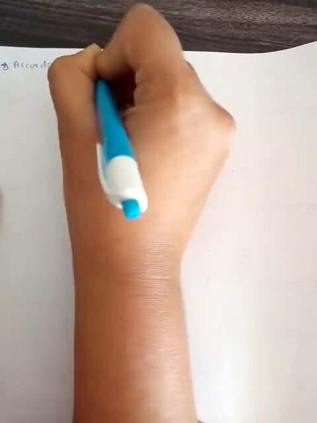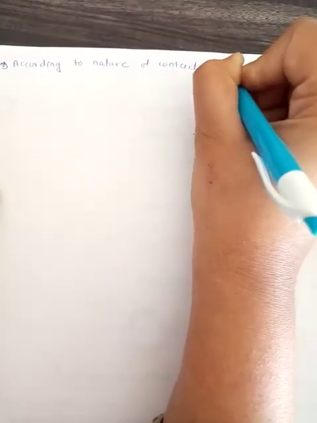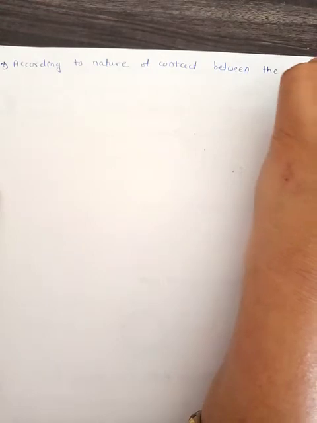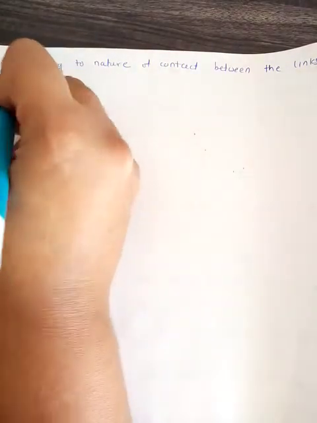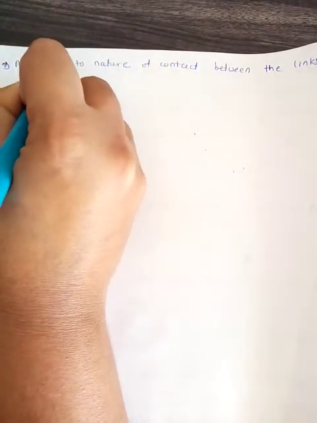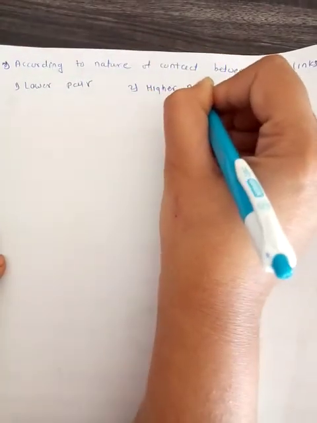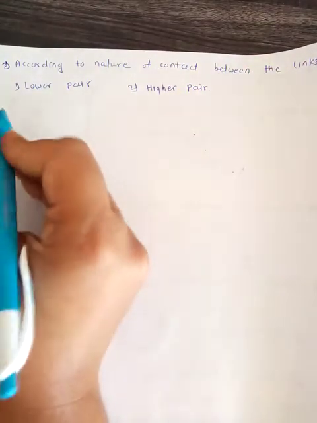According to the nature of contact between the links, there are two types: the lower pair and the higher pair. Out of these, we have seen the first, the lower pair.